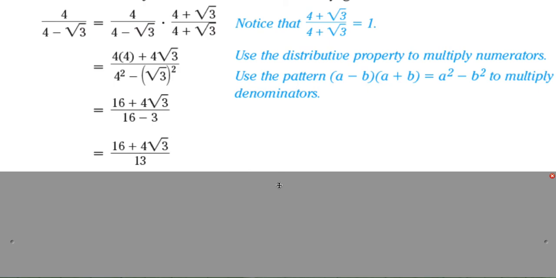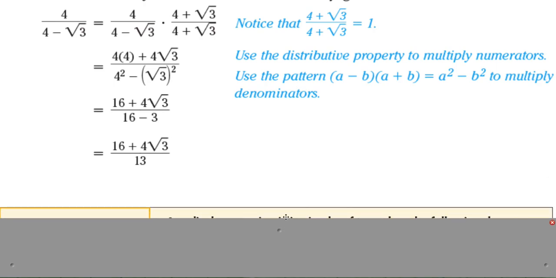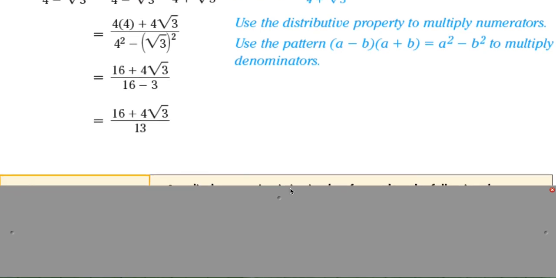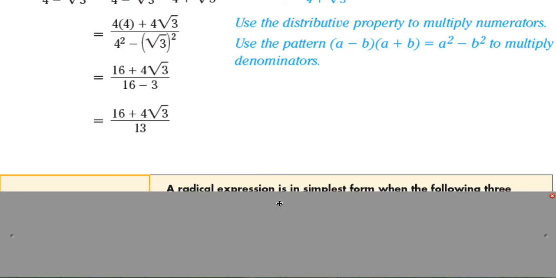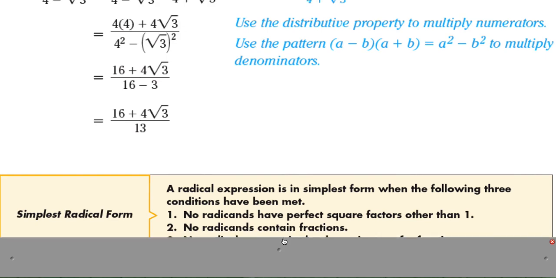Okay? Now, I mentioned this a little while ago, but when simplifying radical expressions, check the following conditions to determine if the expression is in simplest form. So these are the conditions that will tell you that a radical expression is in simplest form.